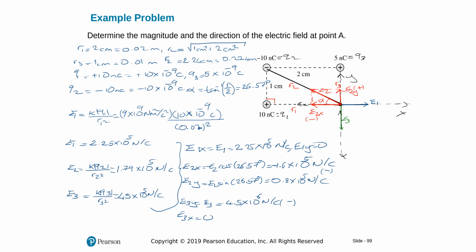Using these, we will calculate, I'm going to delete this part a little bit here. I'm going to cut it a bit because we won't have space. We will calculate E total now. E total x is equal to E1x plus E2x plus E3x.